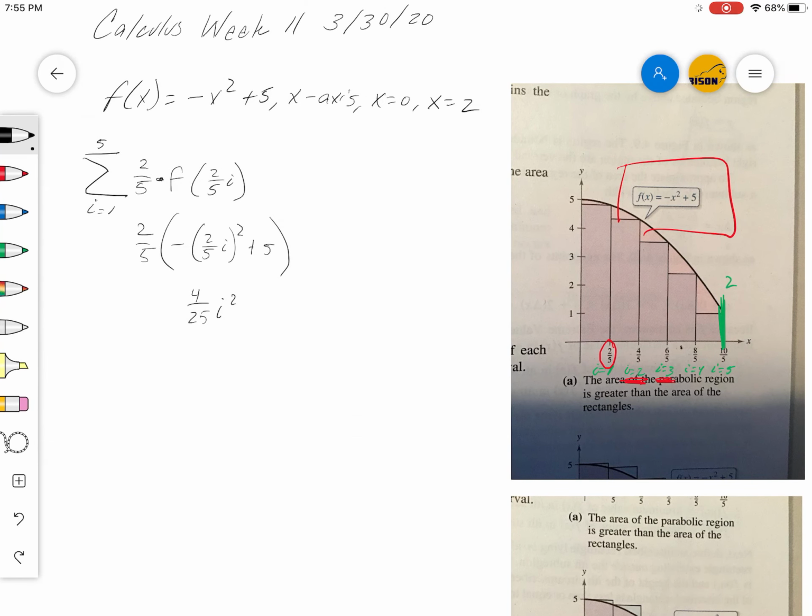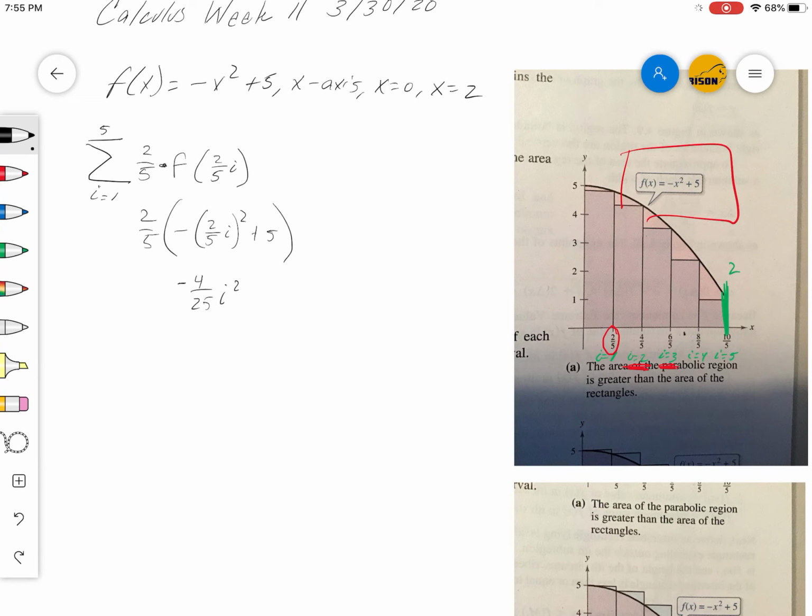That negative stays with it because it was outside the parentheses. Then we still have our plus 5. I've got this 2/5 out front, and when I distribute, I should get negative 8 over 125 i squared, and then 2/5 times 5 is just 2.